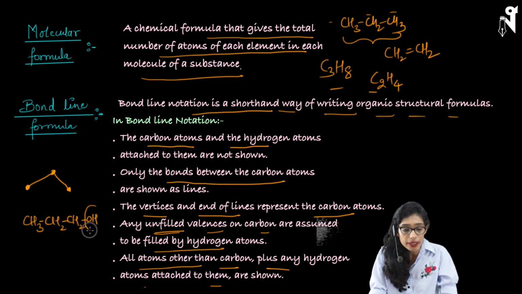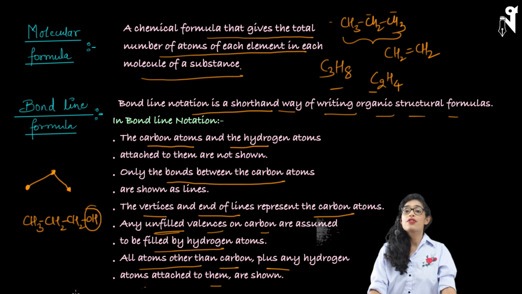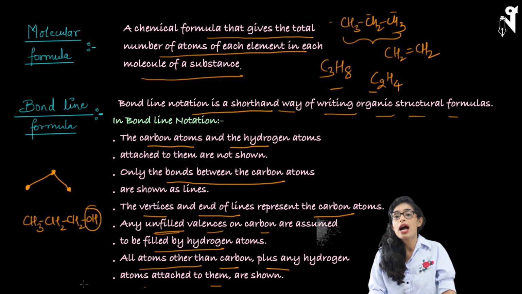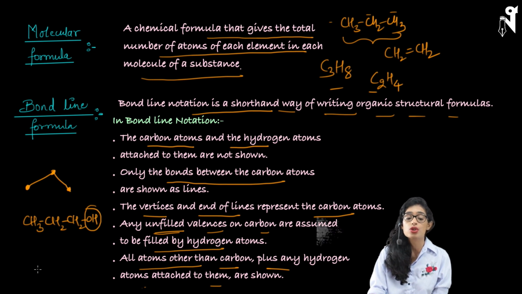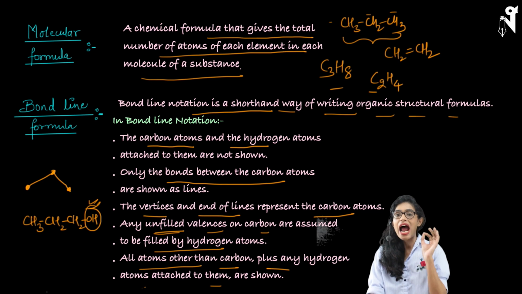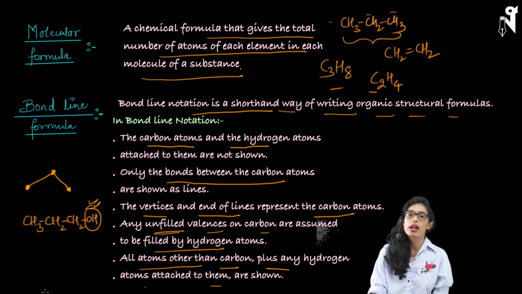It has a new thing present in it, that is OH. Oxygen as a different element, and with oxygen there is a hydrogen attached on the oxygen, not on the carbon. This hydrogen is attached on the oxygen. So if I have to draw the bond line representation of it, I cannot choose to ignore this OH. I have to write this OH explicitly on my bond line structure.